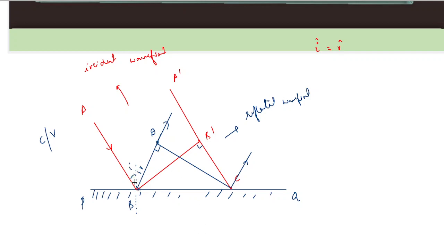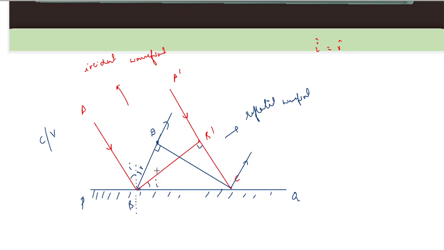If this angle is I, even this should be I. It's already proved in a previous lecture. Go back and check it if you don't understand why. Now this angle is r.